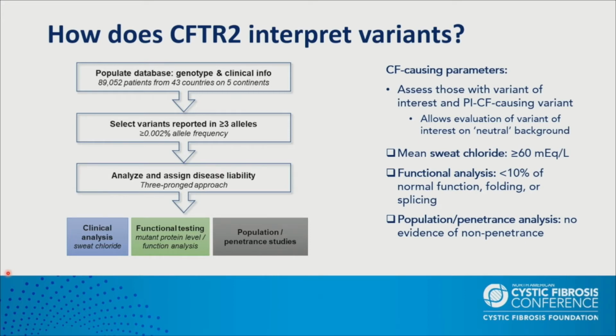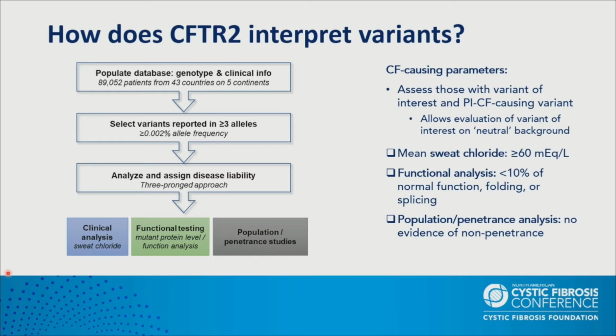Typically, when we have a variant of interest that we want to evaluate, we have to find it in somebody who also has a CF-causing variant in the other gene that causes almost complete loss of function, because we want a neutral or blank slate to evaluate our one variant of interest on. Now, lucky for us, delta F508 has almost no function and is quite common. So most of the people that we evaluate have delta F508 or something similar on the other CFTR gene, or the other allele, and that gives us a nice neutral background.